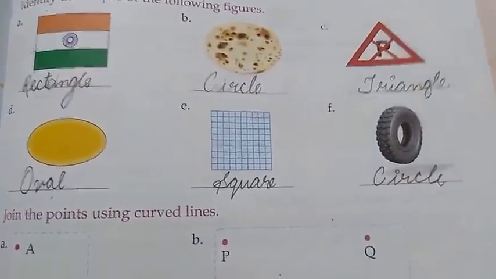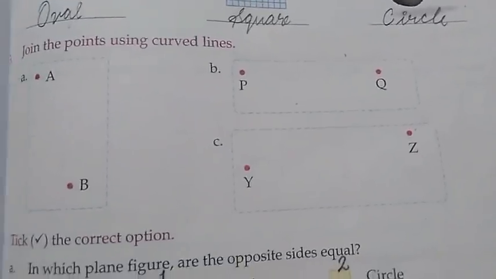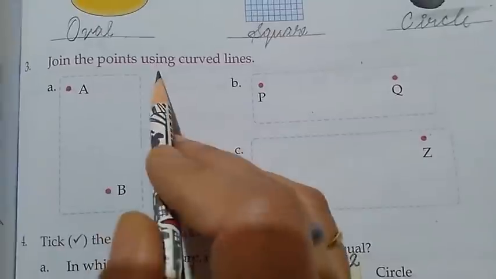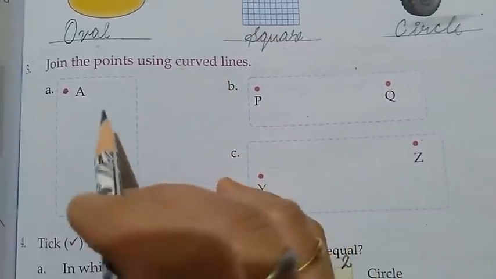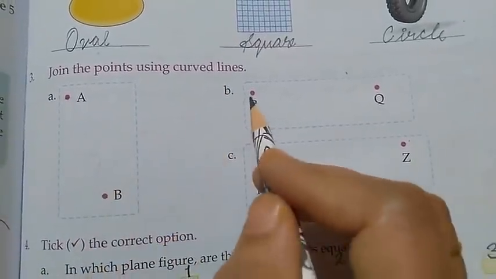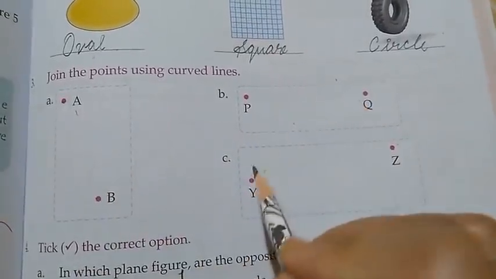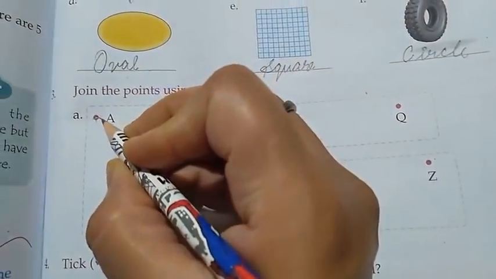Now we come to the next question, question number 3, that is join the points using curved lines. We have to join these given points, point A B, point P Q and point Y Z, using a curved line.